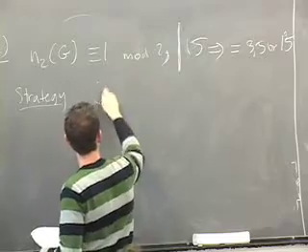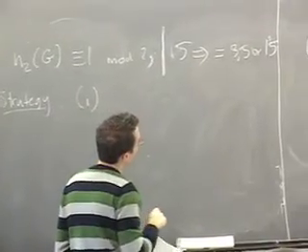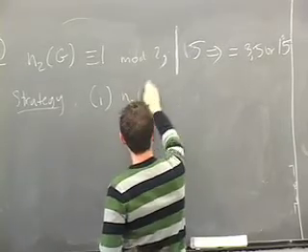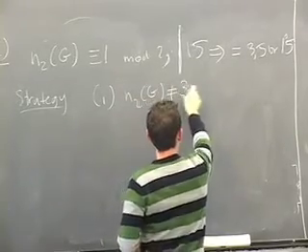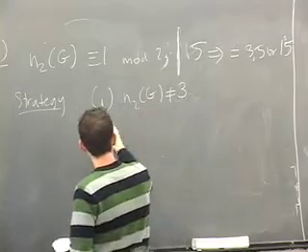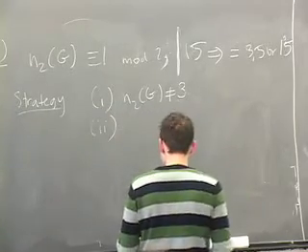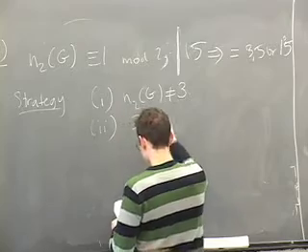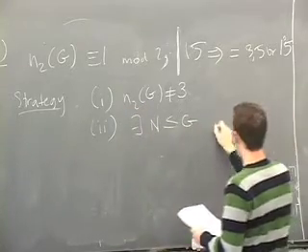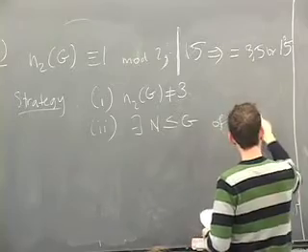So the strategy that I'd like to use is first show that this thing is not 3 by just general tools. Then show that there exists a subgroup of G, call it N, of index 5.